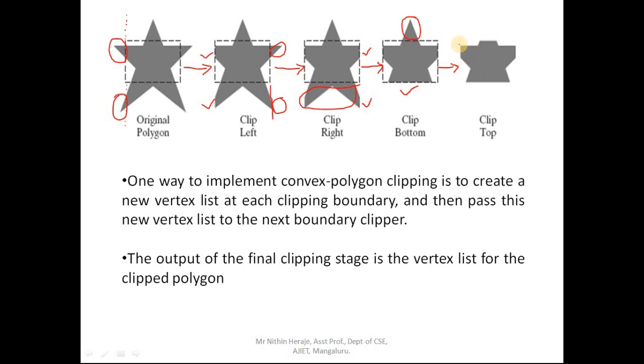And what are the vertices? You are going to get one vertex over here, 2, 3, 4, 5, 6, 7, 8, 9, 10, 11, 12 vertex, which is a clipped polygon.